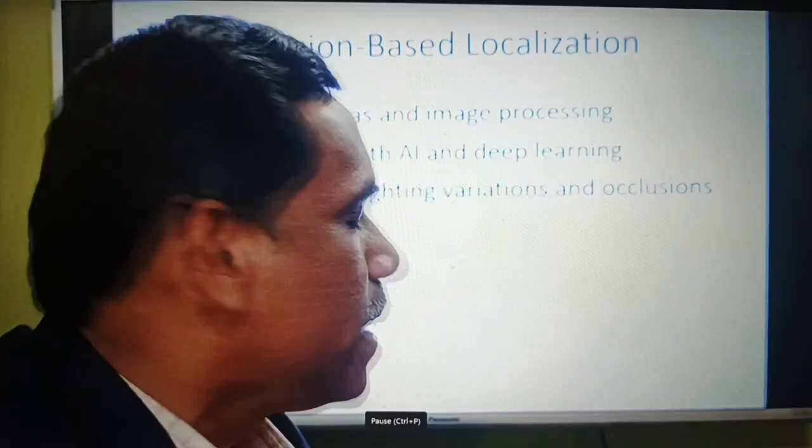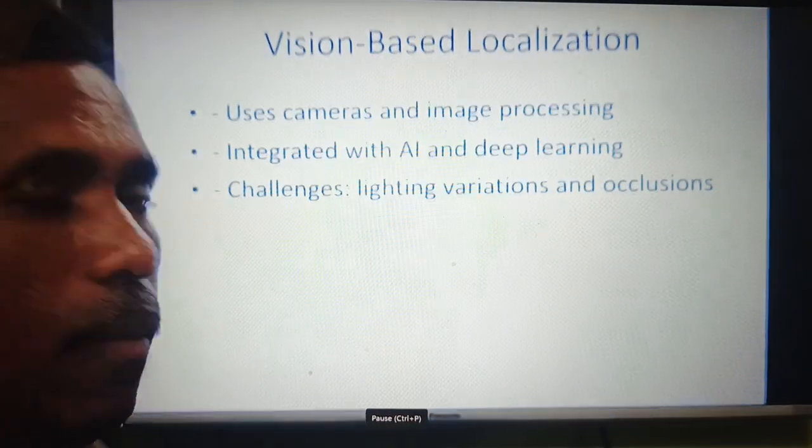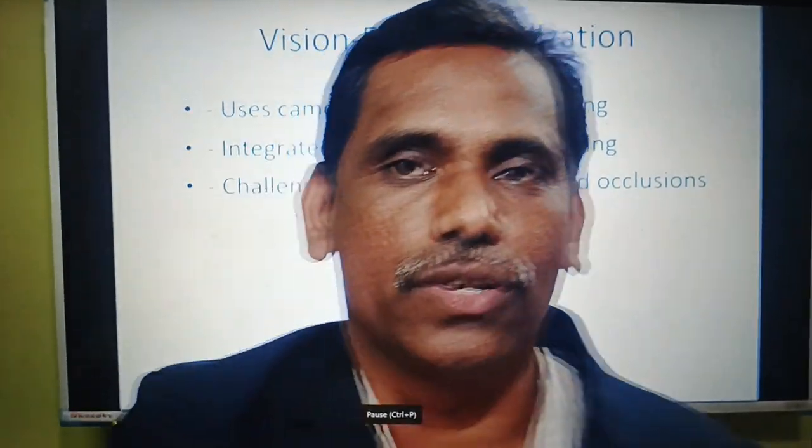Types of vision-based localization: monocular localization and stereo vision. So here the two types of localization are there. Stereo vision uses two cameras to calculate depth information.